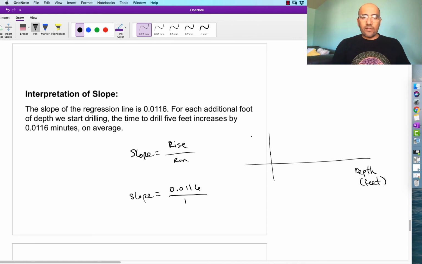And then in this direction, we had time in minutes to drill 5 more feet. Right? How long does it take to drill 5 more feet? Okay, so there was some sort of linear regression line, that best fit line that did something like that.